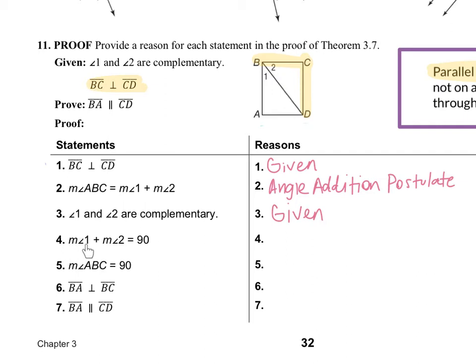Moving on to number 4, the measure of angle 1 plus the measure of angle 2 is equal to 90 degrees. What do we know about the word complementary? It means 90 degrees, right? So the reason for this statement is simply the definition of complementary angles.